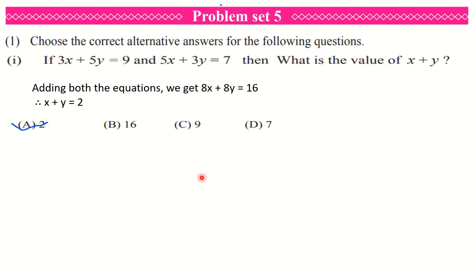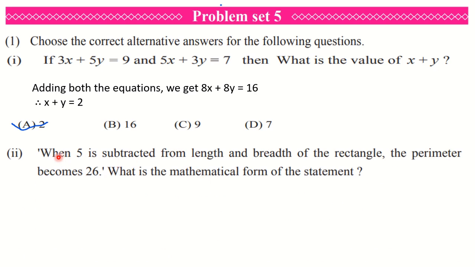Let us go towards the second question. When 5 is subtracted from the length and breadth of the rectangle, the perimeter becomes 26. What is the mathematical form of the statement? That means we have to write this given condition as a mathematical statement, the equation. Here two quantities are there, length and breadth.